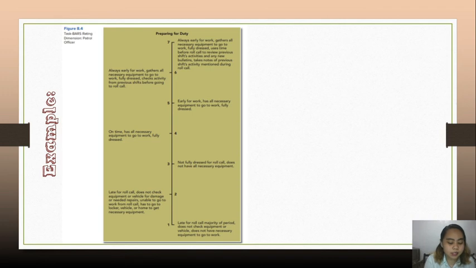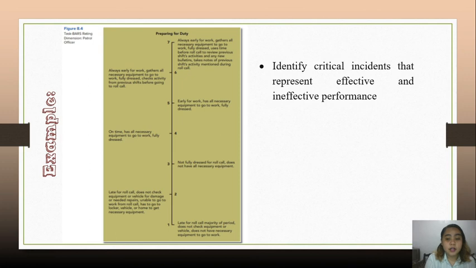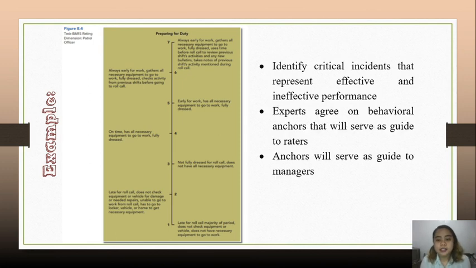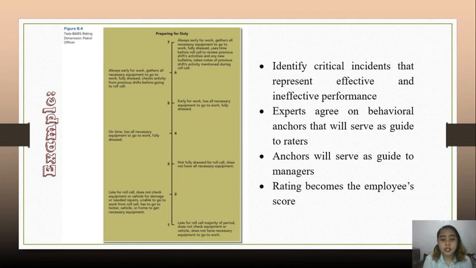These statements are based on data about past performance of the employee, and the organization gathers many critical incidents of the employee representing effective and ineffective performance, and then classifies them from most to least effective performance. When experts agree about the job, the statements clearly represent levels of performance. They are used as anchors to give the rater. So the anchor will serve as a guide to the manager, and the rating becomes the employee's score.